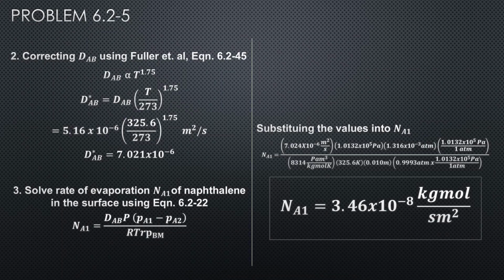The next step, or the last step, is to solve for the rate of evaporation of naphthalene in the surface using equation 6.2-22.